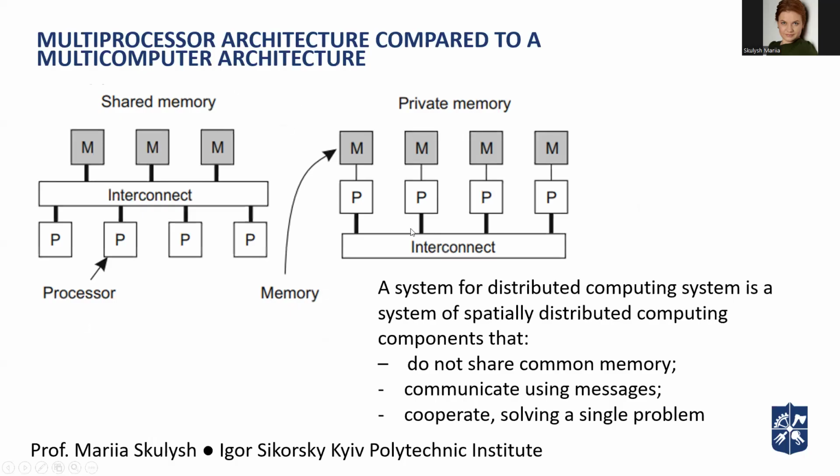These are different kinds of interconnection for distributed systems. How does it work? Different kinds of sharing are used for different tasks, and when we have tasks that need more memory, one processor can use all the memory for its work.